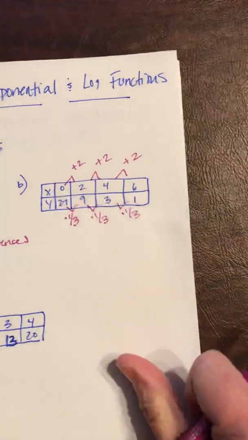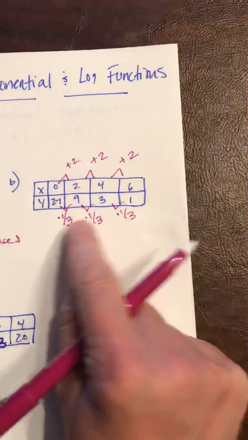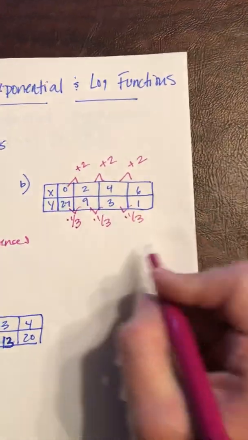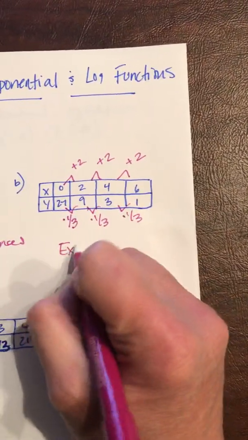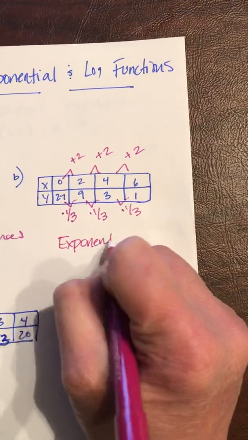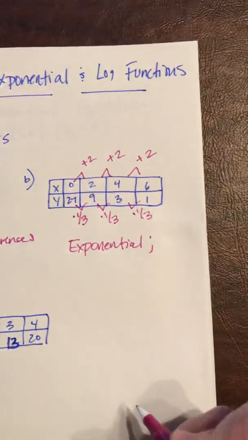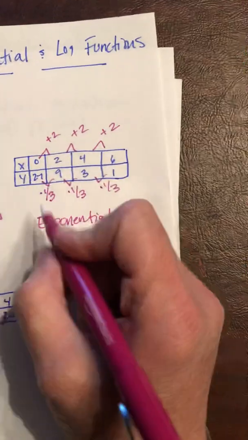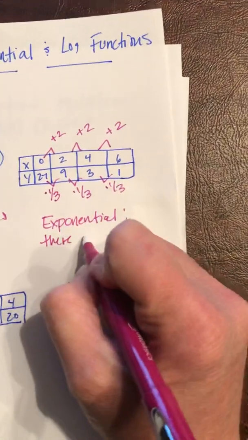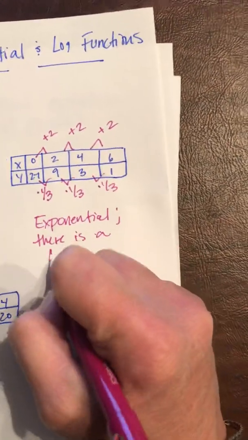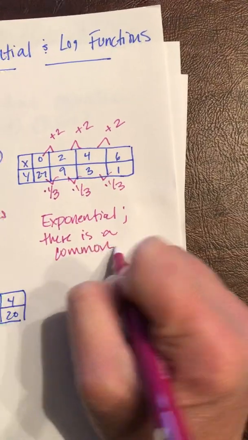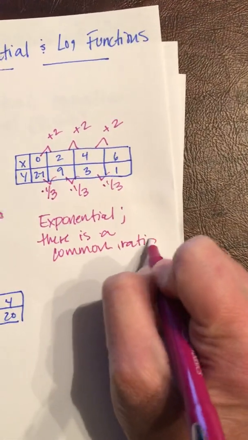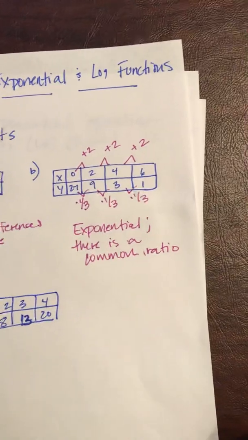Anytime you have a common ratio, that's what this is. When you're multiplying by a constant amount, that represents an exponential function. Your rationale would be that there is a common ratio, which just means you're multiplying by the same amount each time.